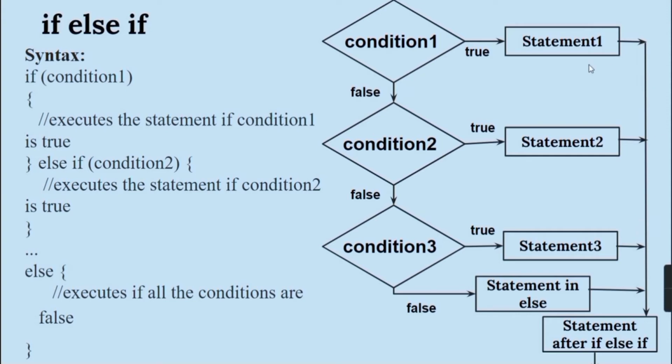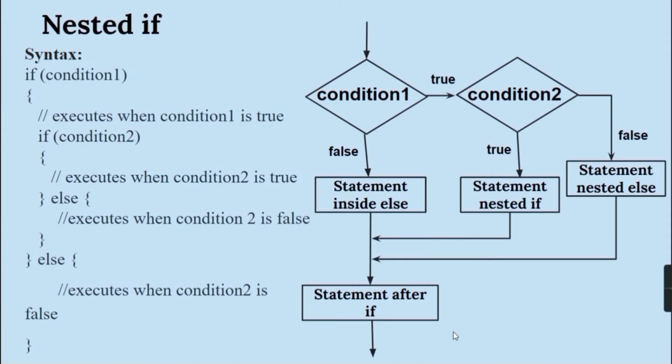If the first condition is false, it checks the second condition. If that is true, it prints statement 2 and then whatever is after the if block. If none of the conditions is true, it goes to the else part, prints whatever is in the else, and then prints the statement after the if else if block.